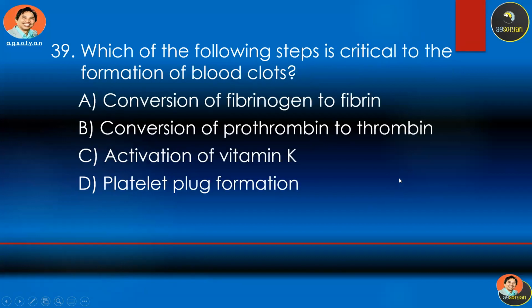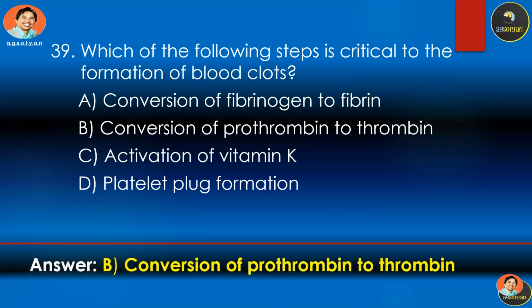Which of the following steps is critical to the formation of blood clots? A, B, C, or D? Okay, it will be the conversion from prothrombin to thrombin. So without this thrombin, fibrinogen will not be converted into fibrin.